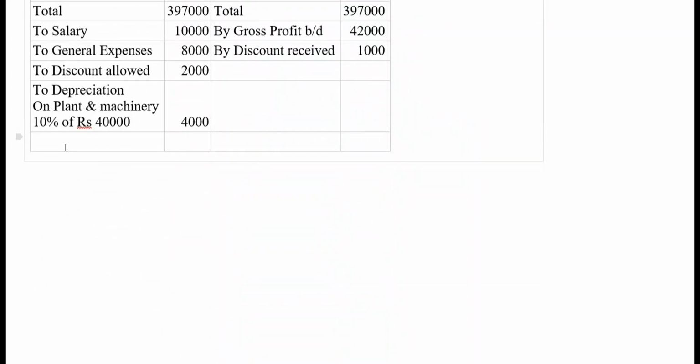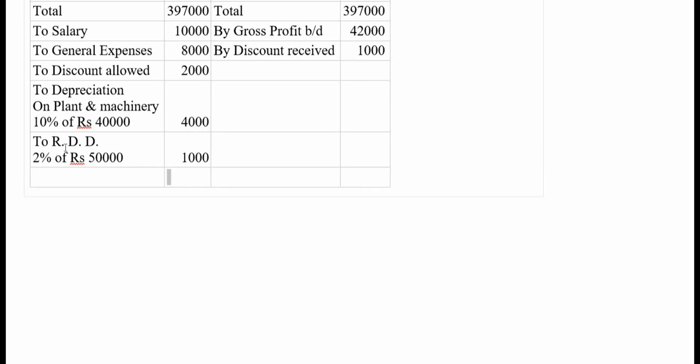Then there is RDD. To RDD, which is given as 2% of the closing debtors, that is rupees 50,000, which comes to rupees 1,000.